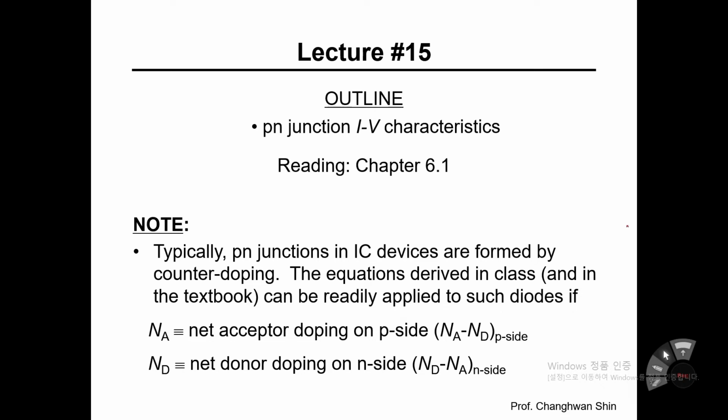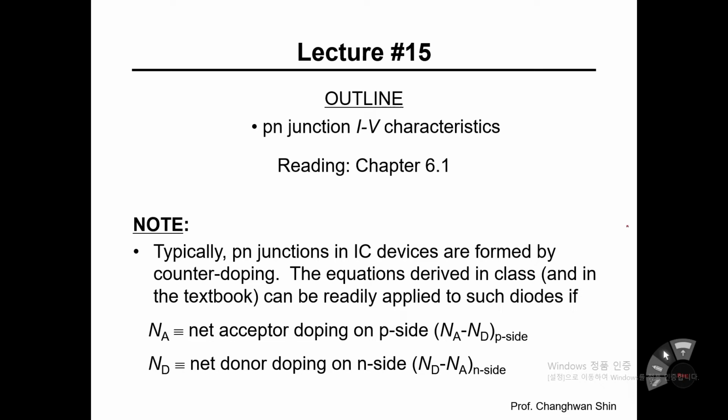So the basic silicon substrate is P-type doped. To implement an N-type region onto the P-type silicon substrate, you should implant more donors than the P-type region has, so it is counter-doped into the N-type region.